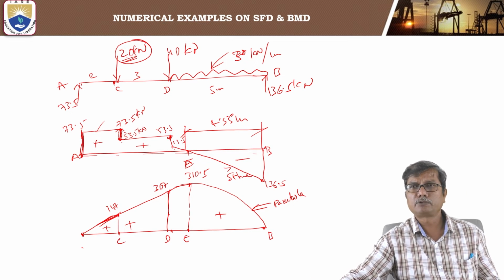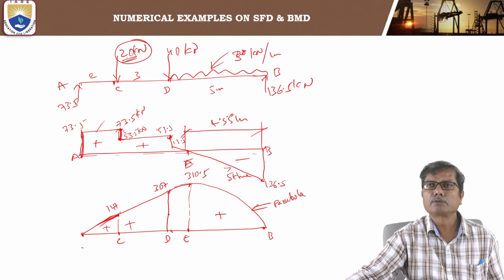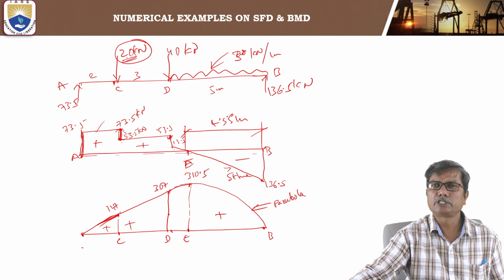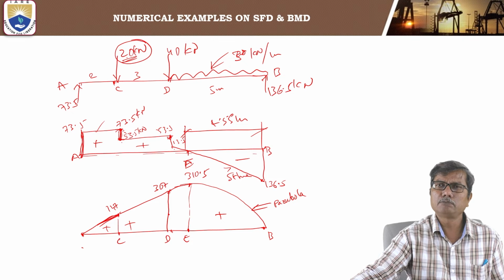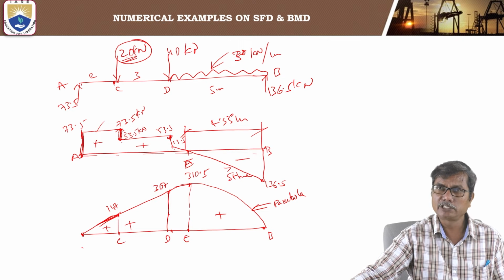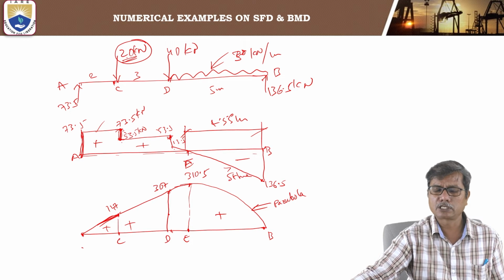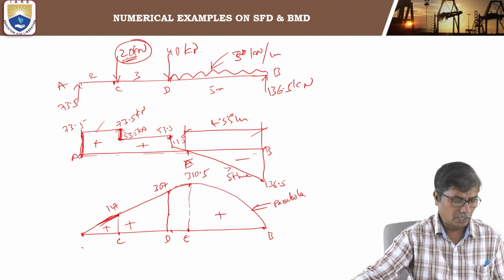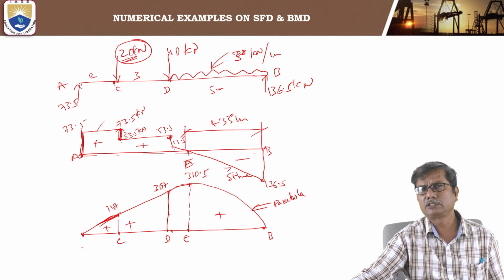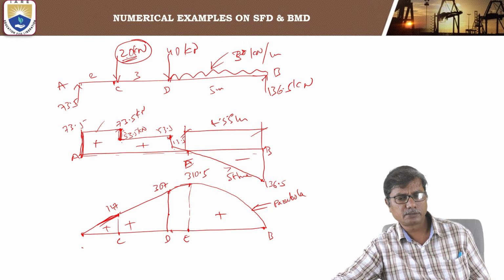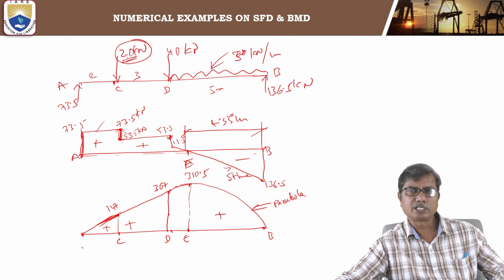In simply supported beams, the bending moment will be positive for all the load cases except when a couple is acting. When a couple is acting, there is a possibility of negative bending moment also, but it depends on the magnitude of the couple.